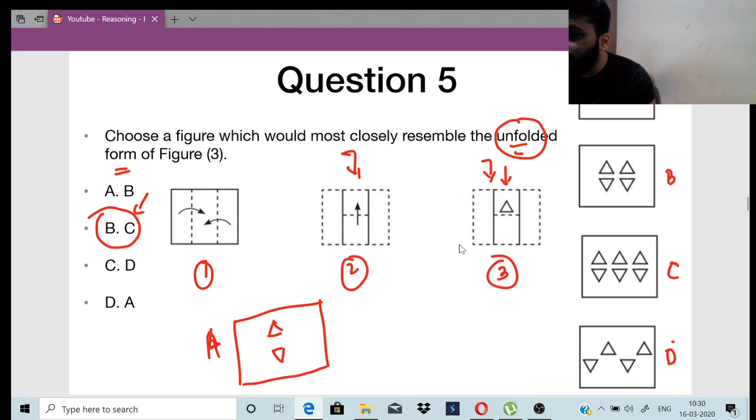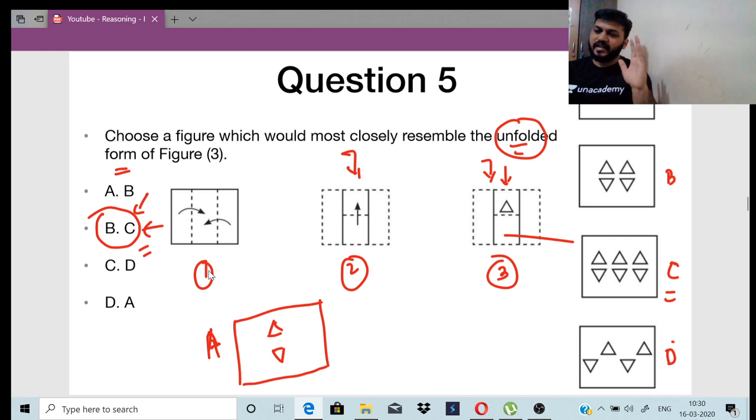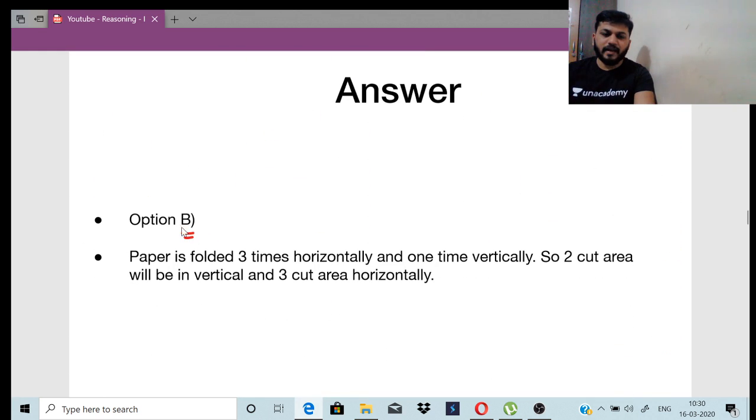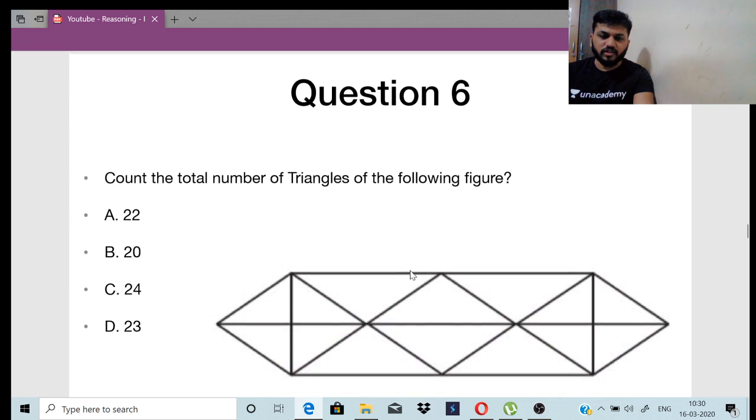So yes, option C is right, but in the options it is given as B. You were tricked at the last step. So the diagram C is given in option B, so option B is the right one. The next 5 questions are like this only, the options will be jumbled, so see it properly. Option B is fold 3 times horizontally and 1 time vertically, so 2 cut areas will be in vertical and 3 cut areas horizontal.